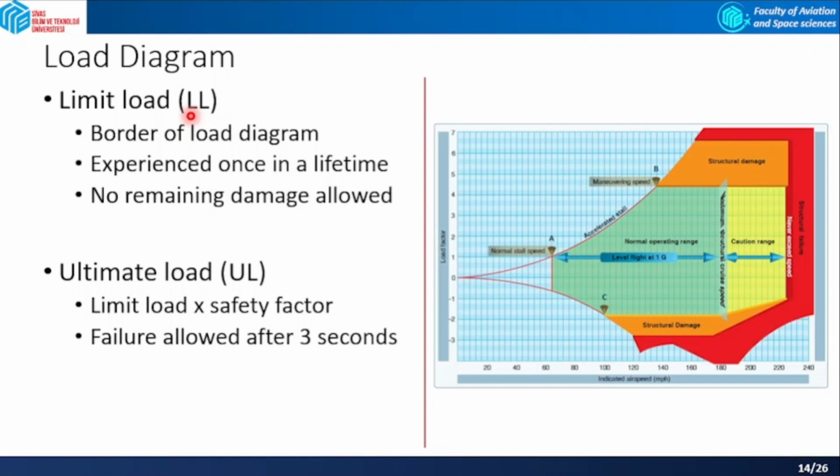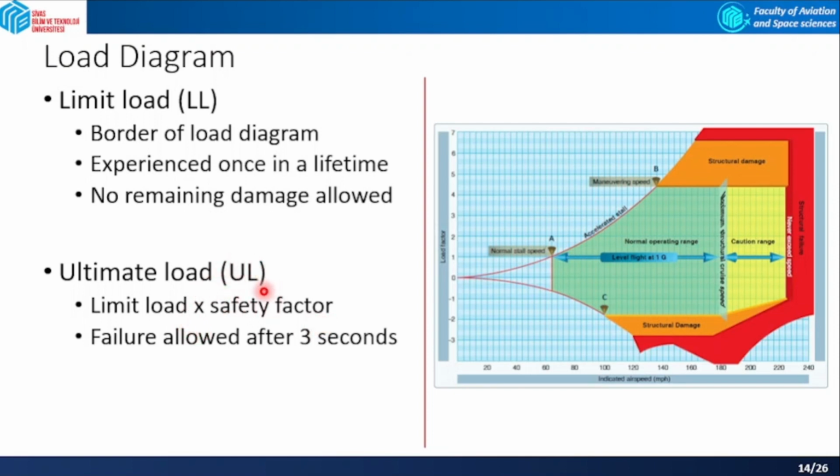And by multiplying the limit load by a safety factor, typically something around 1.5 or 2, we obtain the ultimate load.